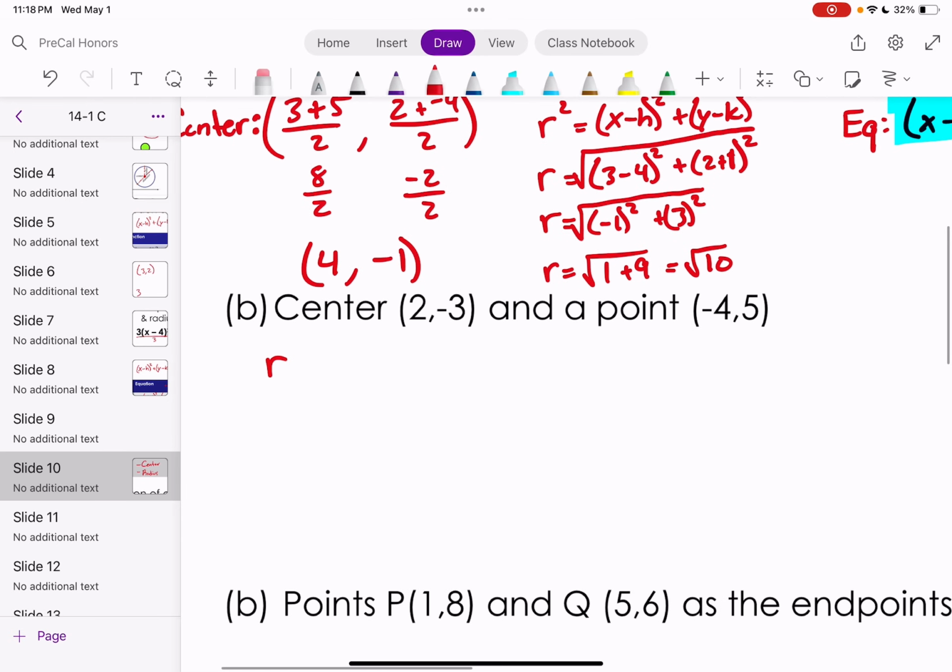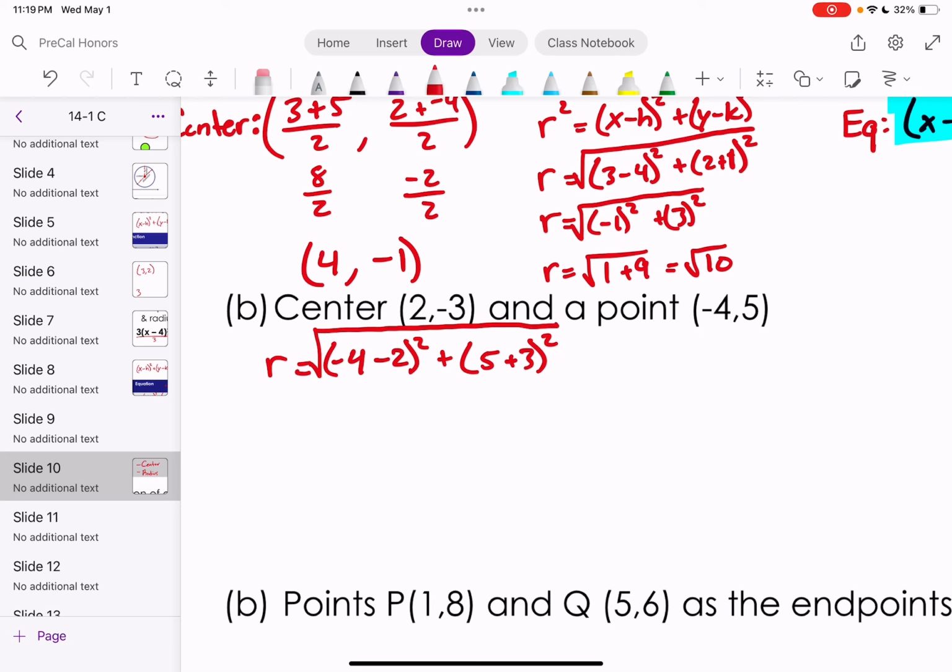The radius is equal to negative 4 minus 2 squared plus 5 plus 3 squared, and you're going to take the square root of both sides.